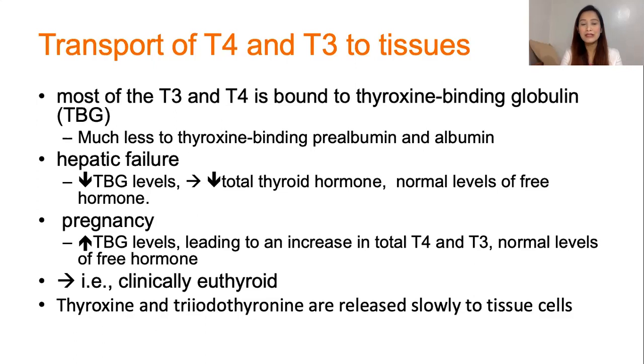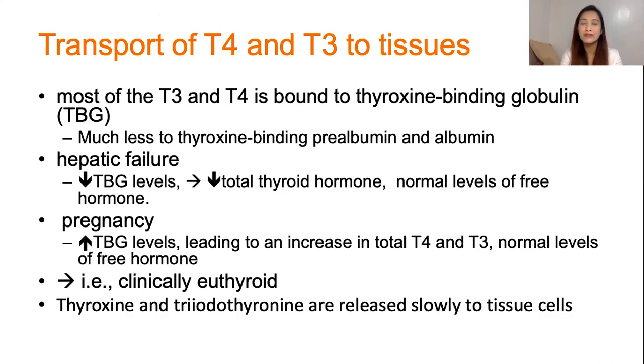Likewise, in pregnancy, you will have increased thyroxine binding globulin level, and there will be a corresponding increase in total T4 and T3. But again, the levels of free T4 and free T3 will remain unaffected. So in both states, you will still be clinically euthyroid, but when you do thyroid function testing, it will affect it.